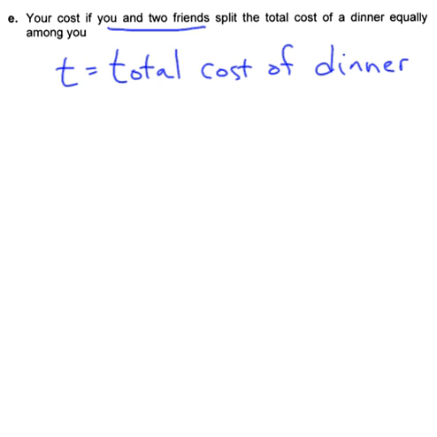And if there's 3 of us and we're splitting the total cost of the dinner between us, the expression is going to be T divided by 3. You could have written it like this, but we don't really use that symbol very much anymore once we start doing algebra. We would typically write it like this.